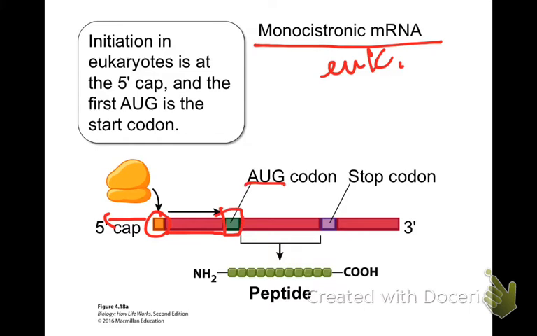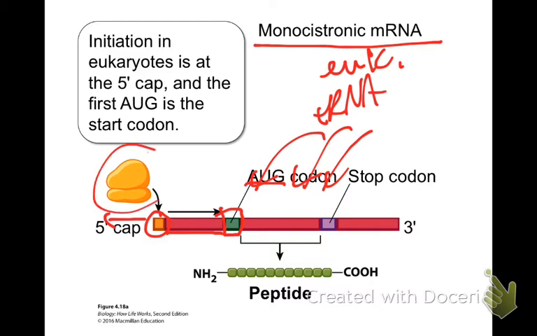Once it does that, it will undergo translation and bring in the appropriate charged transfer RNAs into the ribosome that will ultimately use this information, which is all the exons, to build a polypeptide, and will stop when it hits a stop codon.